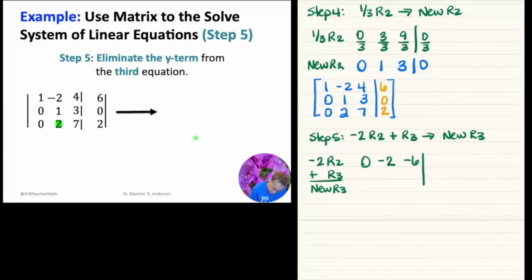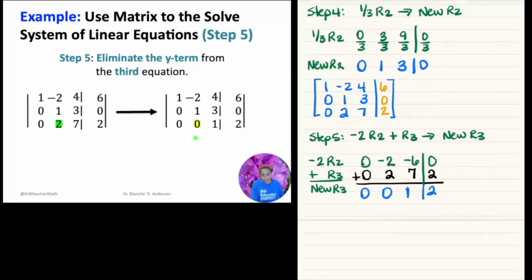And then -2 times 0 is going to be 0. Okay, and then our row 3, I'm just going to write it, 0, 2, 7, 2. When we add those together, we get 0, 0, which is what we want, 1, and then 2. Okay, that's what we want.